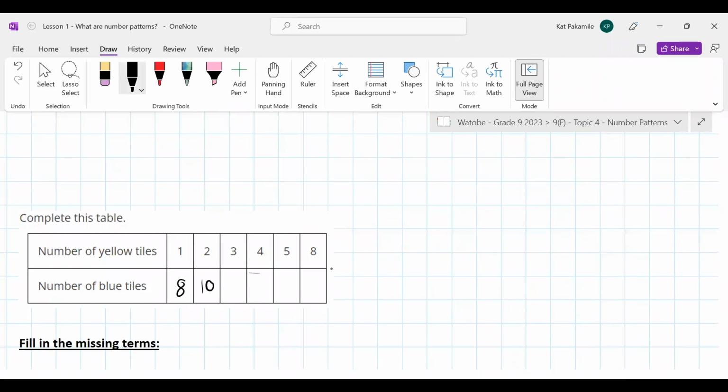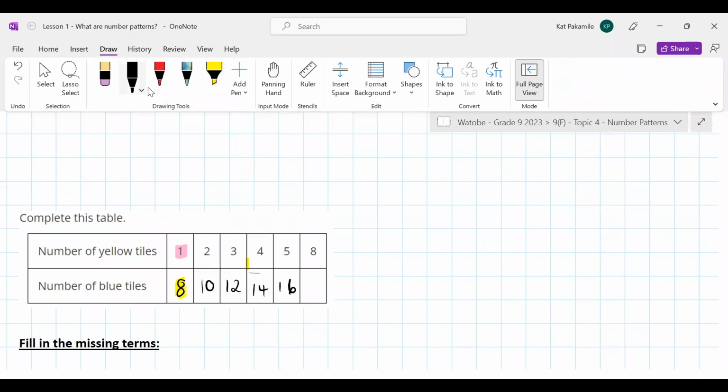And then 3 yellow tiles, we had 12 blue tiles. 4, 14. 5, 16.